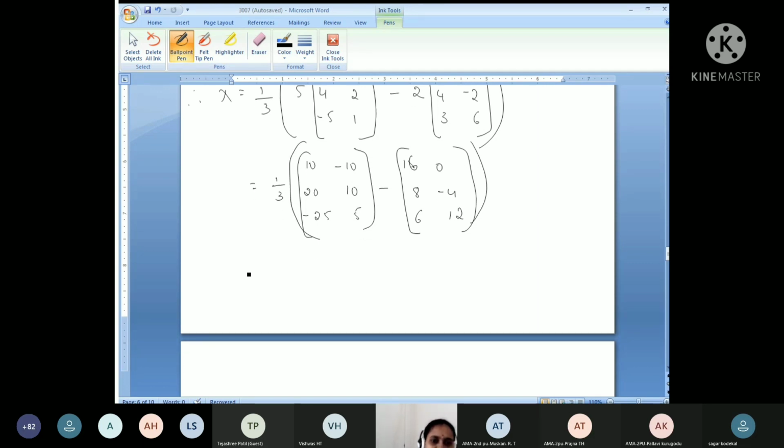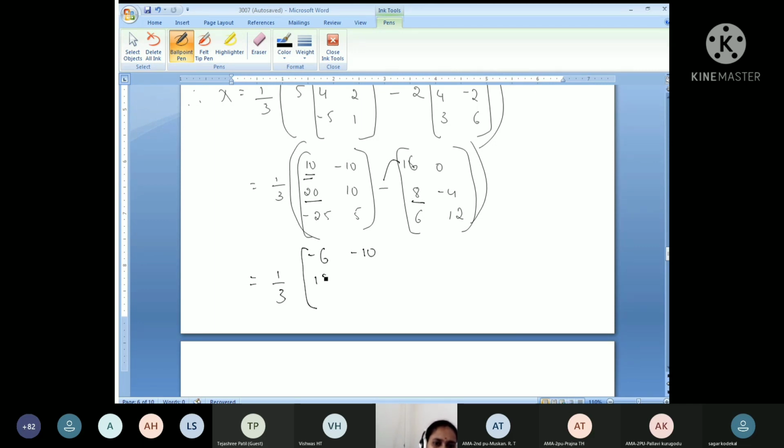Now can you see this? This is equal to 1 by 3. Now you know how to solve inside the bracket. Now 10 minus 16. How much? First you have to go for 10 minus 16. So 10 minus 16 is nothing but minus 6. Now it is minus 10 minus 0, which is nothing but minus 10. Next you see 20 minus 8.